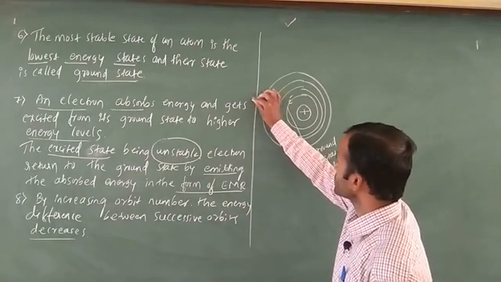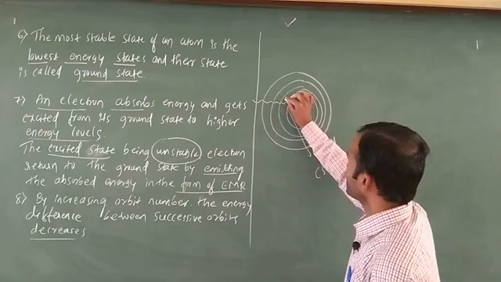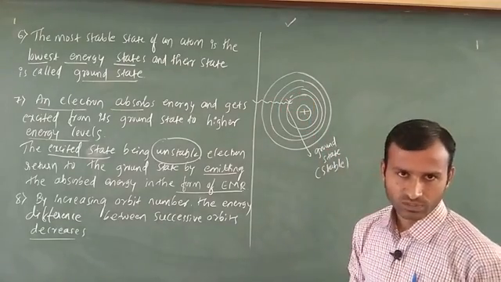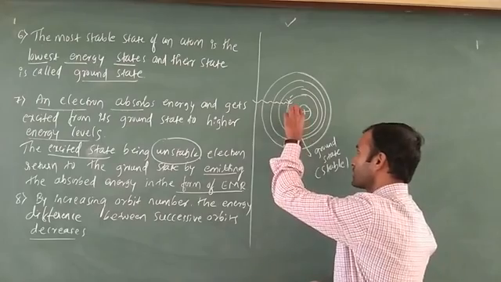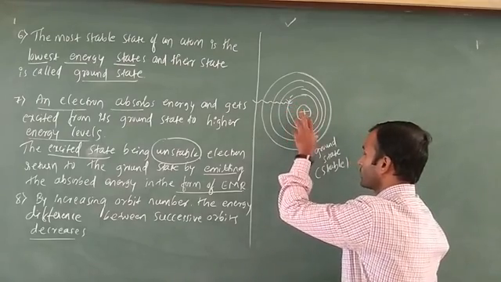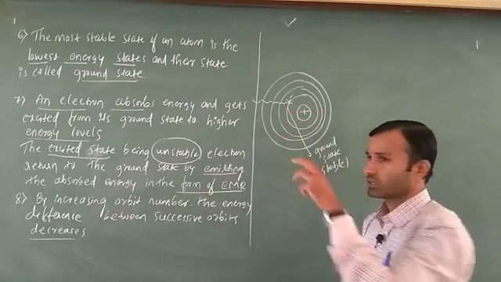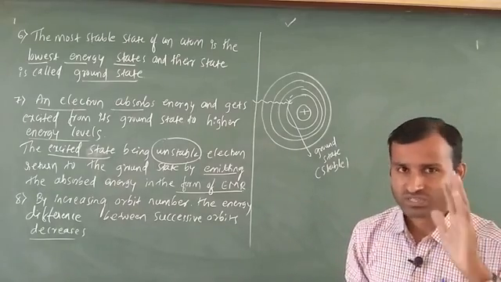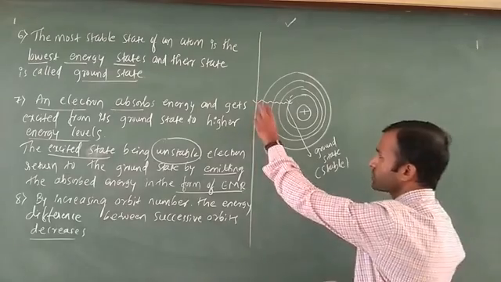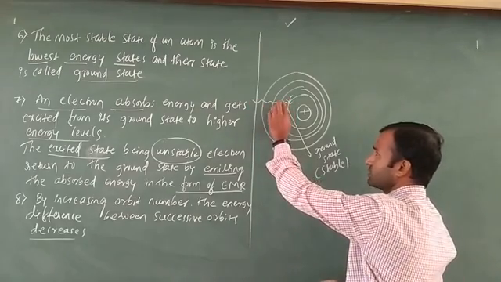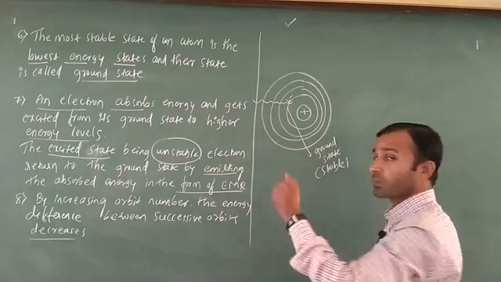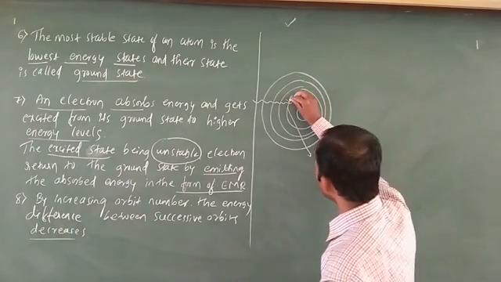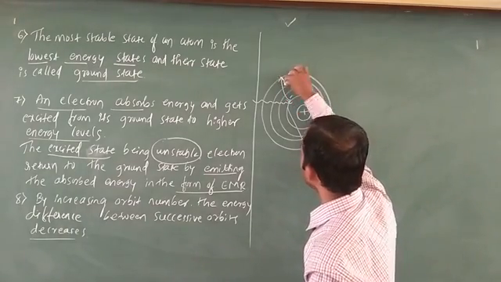I am going to supply some amount of energy to this electron. Already it is in a stationary state. When we call it a stationary state, it does not absorb or emit radiation, no problem. I supply some energy, and that energy is absorbed by the electron, so it can move from lower energy to higher energy.